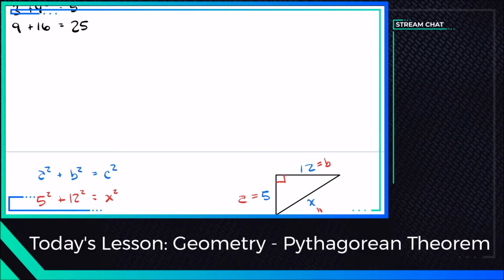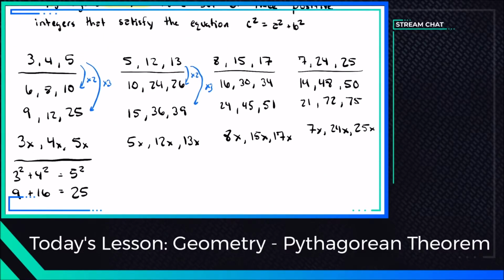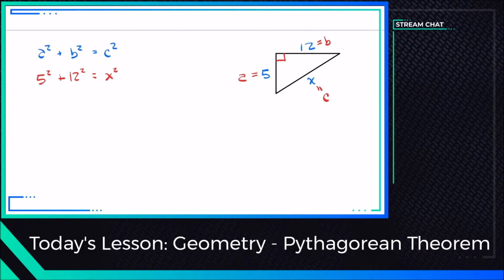Now if you go back up here and look at your Pythagorean triplets, we see that 5, 12, and 13 are a Pythagorean triplet. So c should be 13 because we have 5 here, 12 here. But just to work this out algebraically, 5 squared is going to turn into 25. 12 squared is going to turn into 144, and that is going to be equal to x squared.